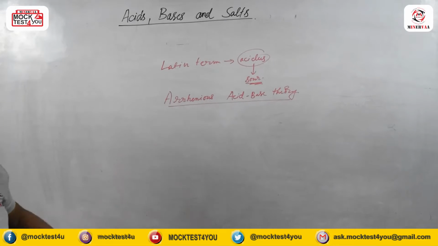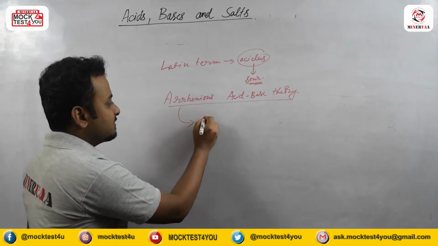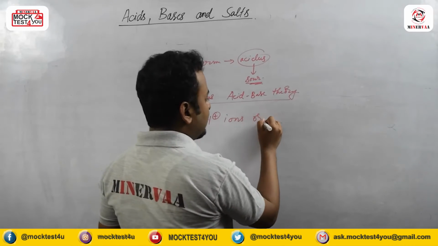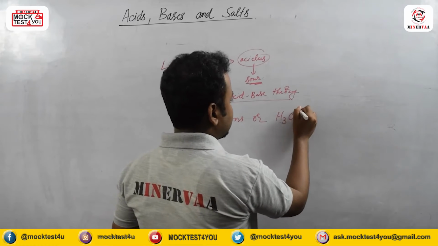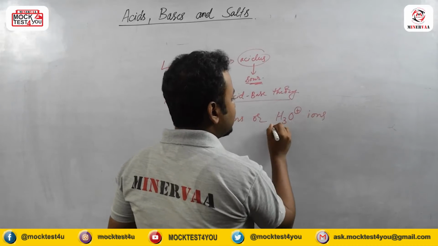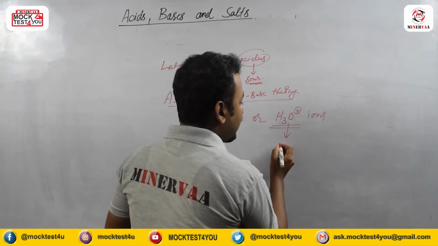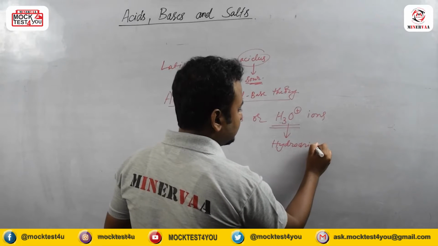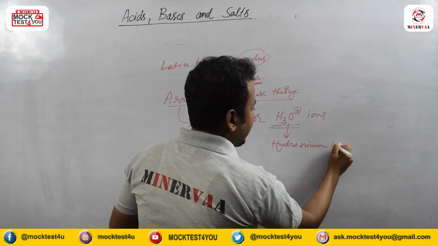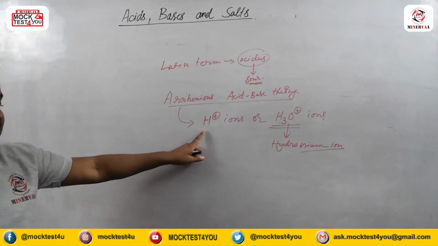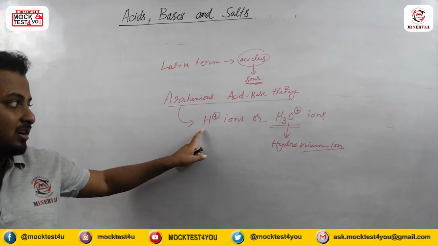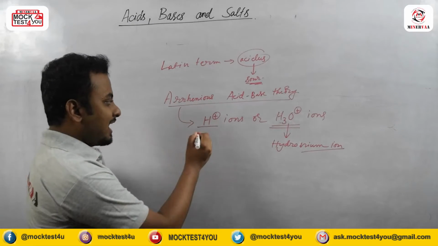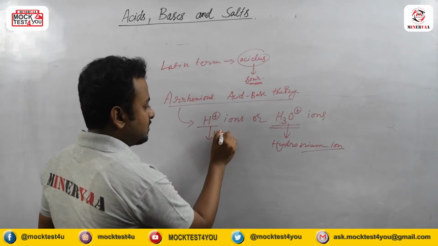This theory states that an acid is something which gives out H plus ions or H3O plus ions. So what is this H3O plus ion called? It's the hydronium ion. This H plus ion cannot exist individually, so it has to combine with water, right?